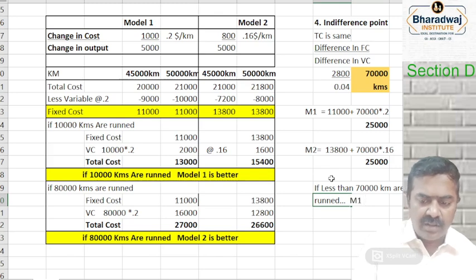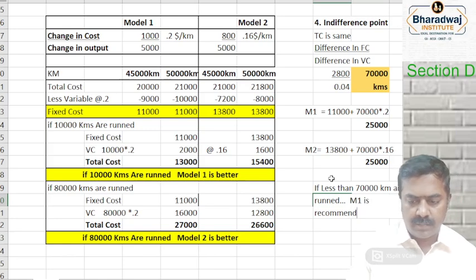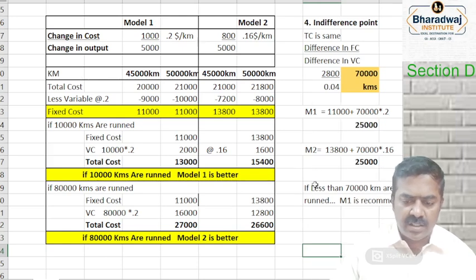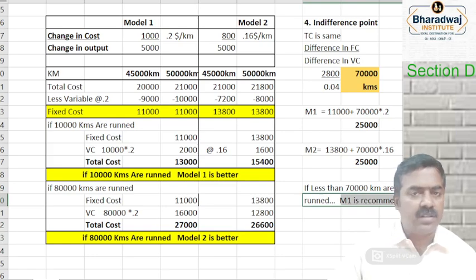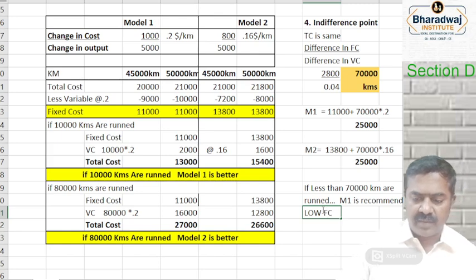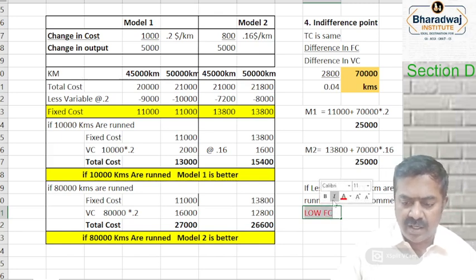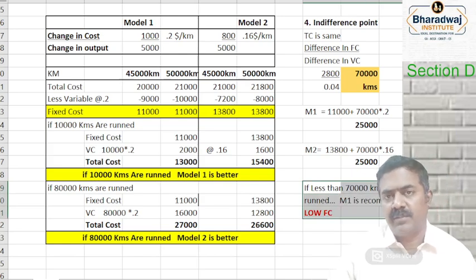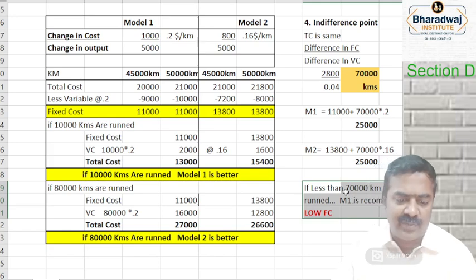Model 1 will be better. Model 1 is recommended. Why? Because it has a low fixed cost. When you're running at a lesser capacity, it is better to go with the model which has a lower fixed cost.